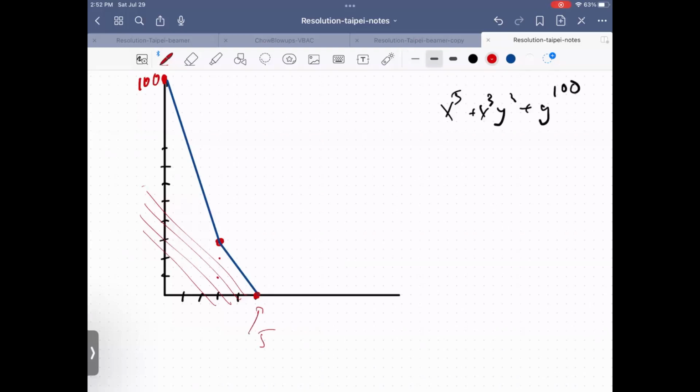So maybe I want to... Now, what I do now is I try to project from this point. It's supposed to hit at 7.5. I don't think I drew it perfectly.